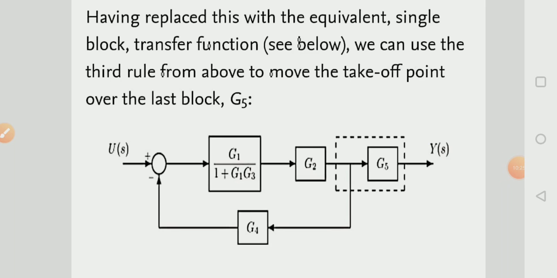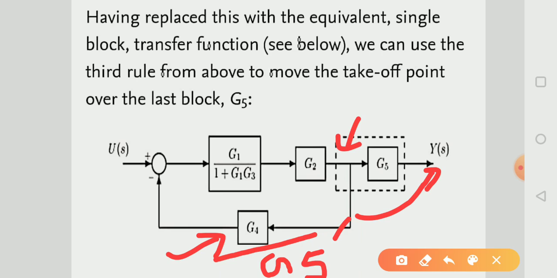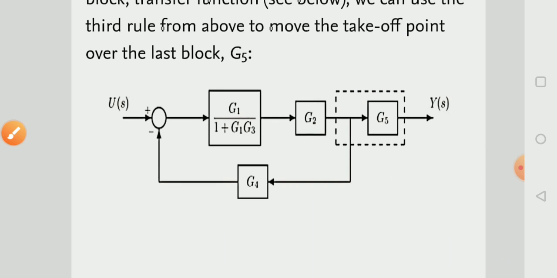So according to the block diagram reduction, if we move the takeoff point after this block here in the feedback path of this gain, here the gain is divided by G5, okay, the gain of that block after which we move the takeoff point.